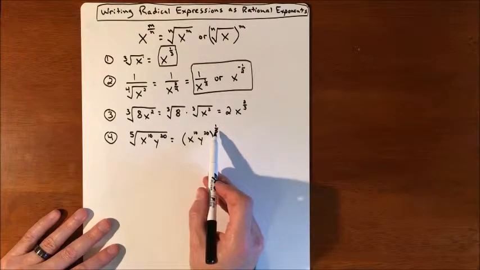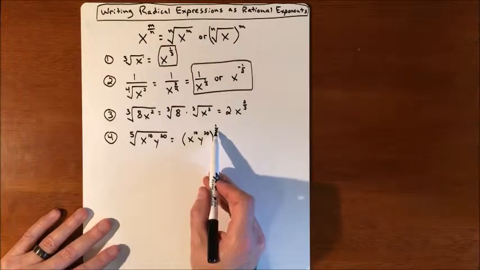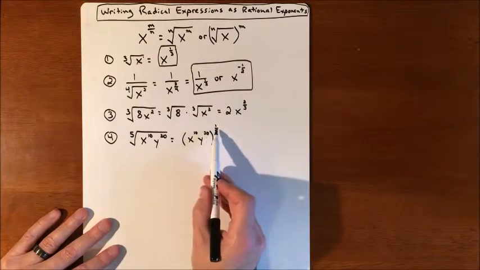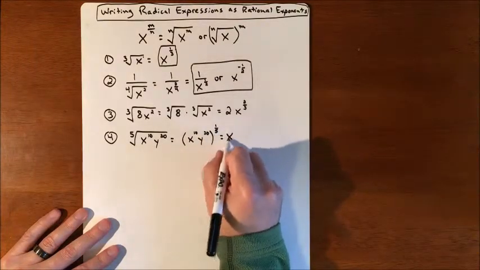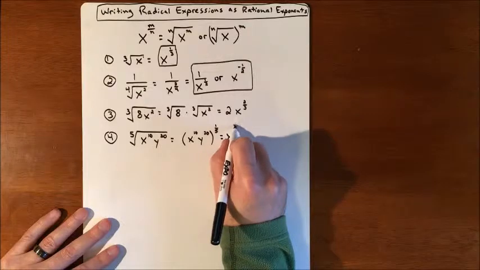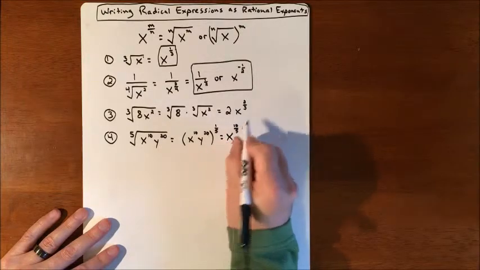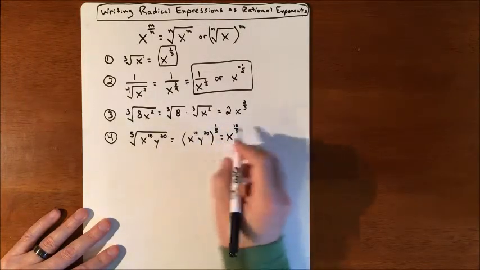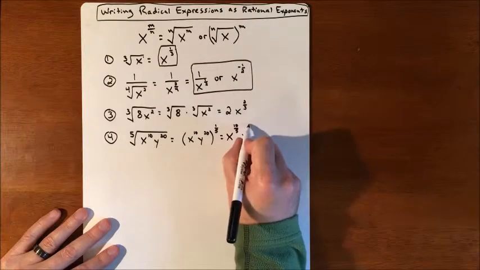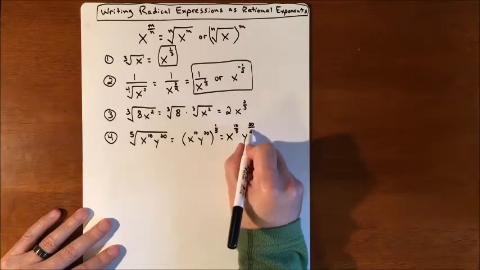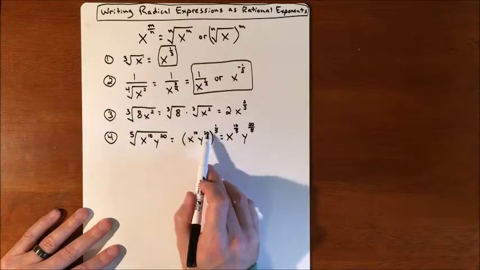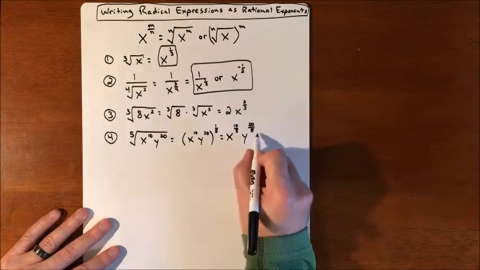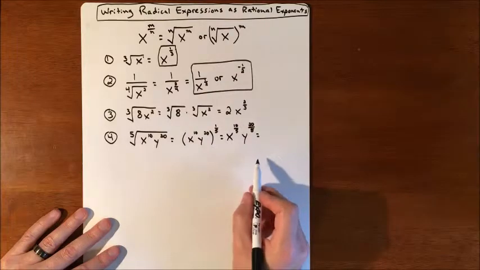So now we're going to use some of our properties of exponents, where we have powers raised to powers, so that 1/5 is going to be applied to everything on the inside. So you're going to have x to the 10/5 when you multiply 1/5 times 10, and y to the 20/5. When you multiply those powers together, because powers to powers are going to multiply, and then we can simplify our fractions.